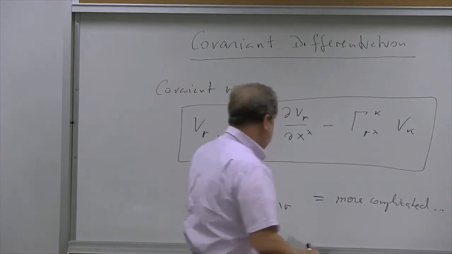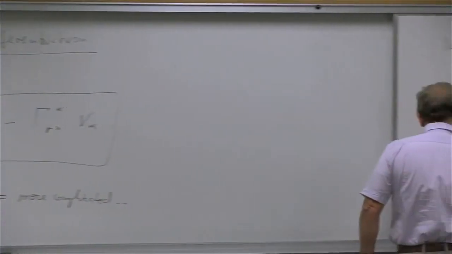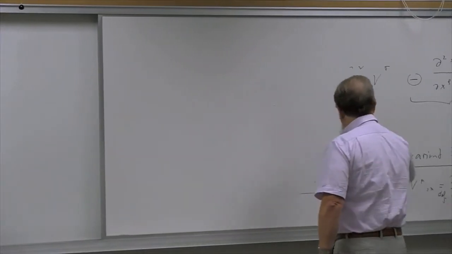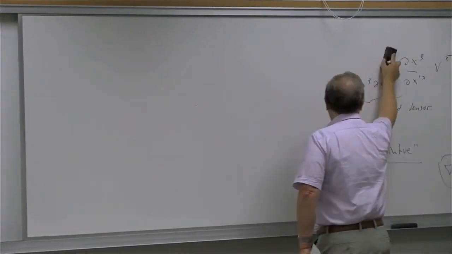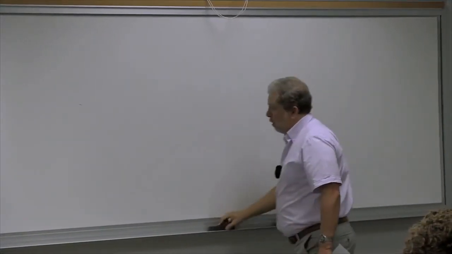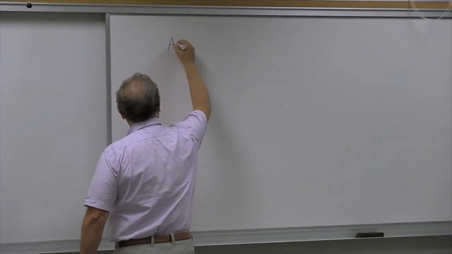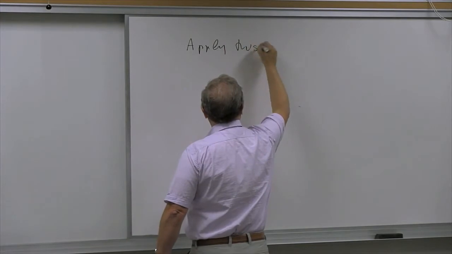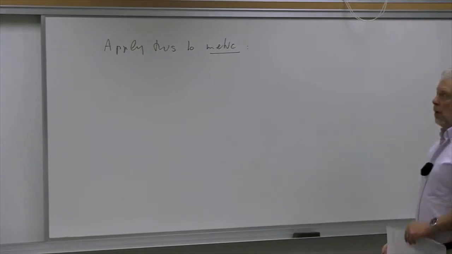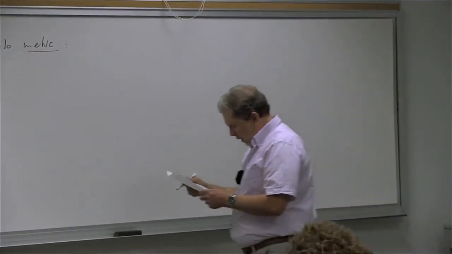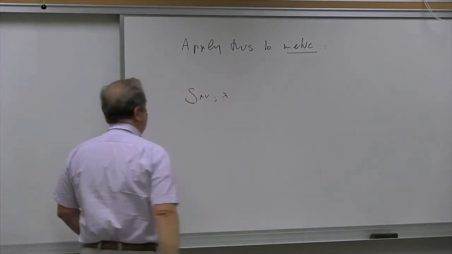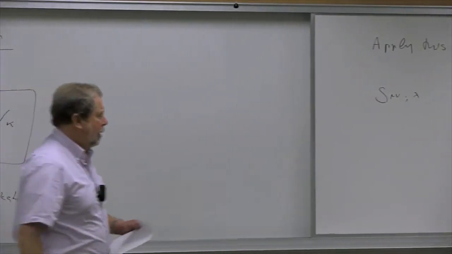Now, one interesting result that is very much relevant for the theory of relativity and the Einstein field equations is what happens if you apply this to the metric itself, because we're interested in figuring out what the derivatives of the metric look like. So we can calculate the covariant derivative of g mu nu with respect to the index lambda.